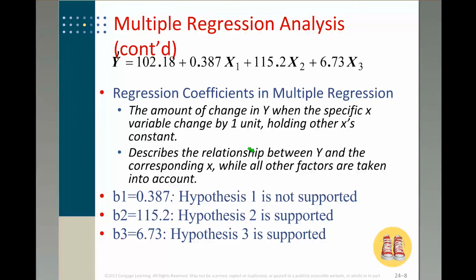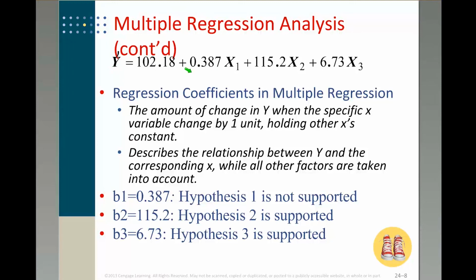Now, as we mentioned in simple linear regression analysis, the slope coefficient tells us the change in Y when X changes by 1 unit. That interpretation carries to our multiple regression analysis, but we need to add something more, okay? For example, if we're looking at 0.387, this 0.387 describes the relationship between X1, which is competitive sales, and Y, which is the sales of this company.